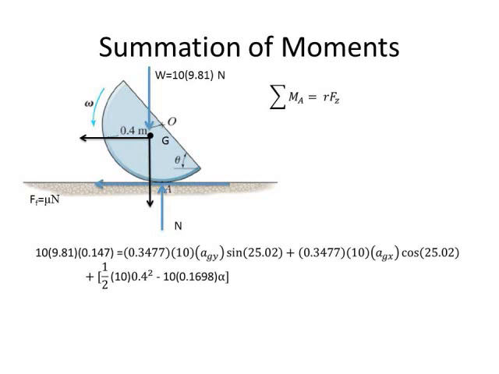What we want to focus on here is that we're not solving the moment equation about G. For this problem, we're going to solve it about A. What you want to remember is that anytime you have something that's rotating, it's best to at least write out the fact that it has an angular acceleration, which you multiply by its inertia, and it also has a translational acceleration, which you multiply by mass.